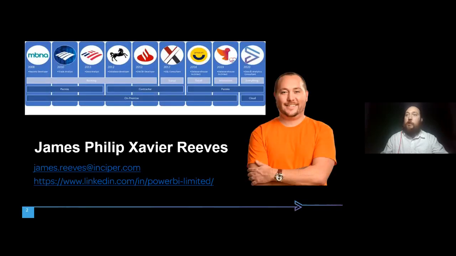So just a little bit about me. Lovely bright orange t-shirt I've got on there. I've been doing this for a few years now. The first half of my career was banking, but then I started to move around: travel, retail, telecoms, and with Incypher, it's everything.